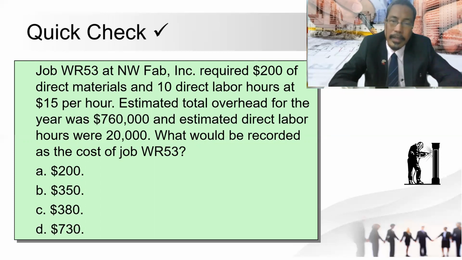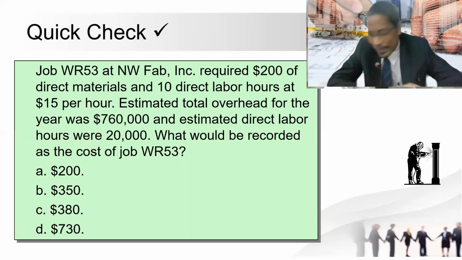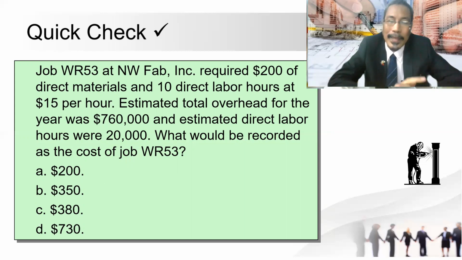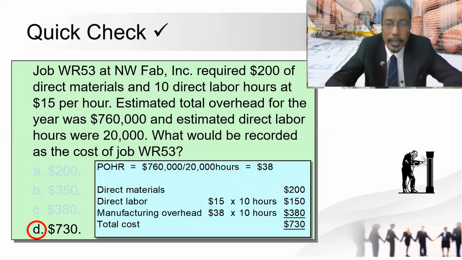So that is 380. So 350 plus 380 is 730. So therefore 730. Okay, that is the answer.